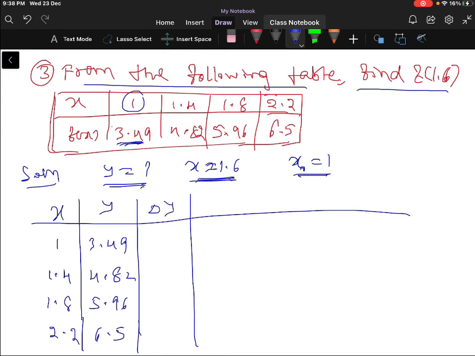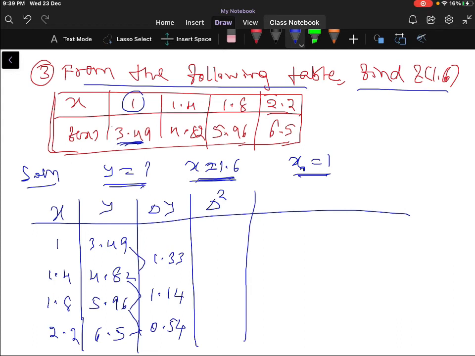Now we construct the first forward differences. 4.82 minus 3.49, that is 1.33. 5.96 minus 4.82, that is 1.14. 6.5 minus 5.96 is 0.54. So these are the first forward differences.